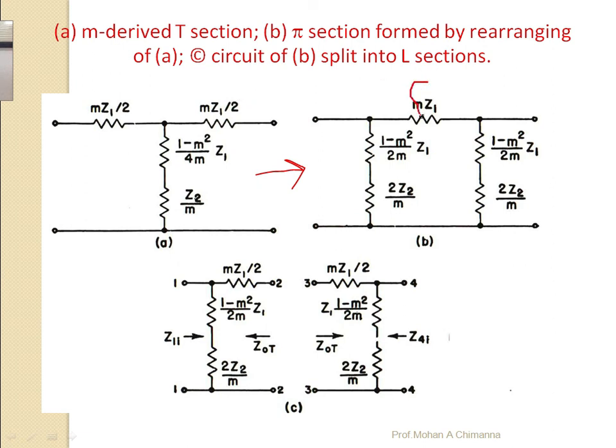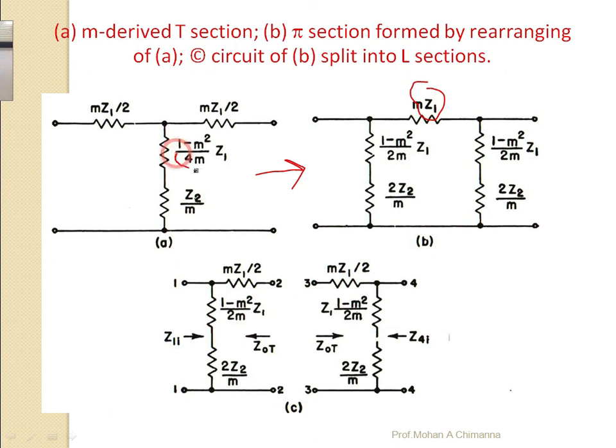There is mz1 by 2, mz1 by 2, 2z1 by 2, then the 2 gets cancelled, and here is only m into z1, and this pi section is (1 minus m square) upon 4m, meaning here it is (1 minus m square) upon 2m into z1, (1 minus m square) upon 2m into z1.